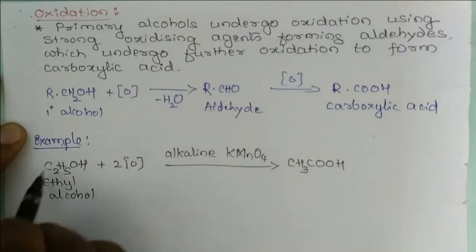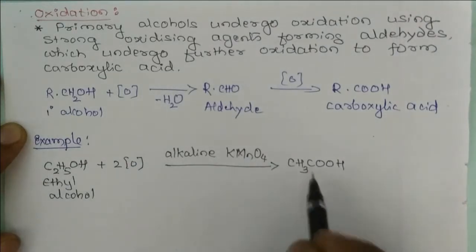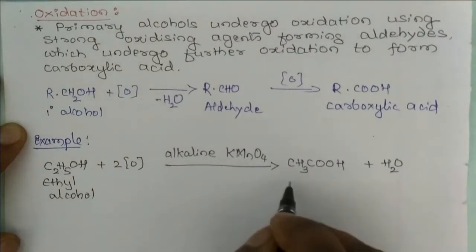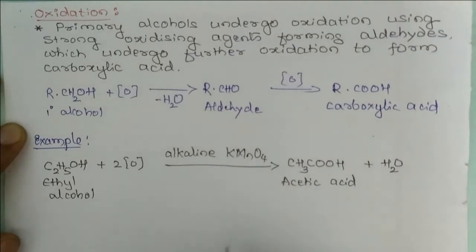Number of carbon atoms present in alcohol is 2. Here also it contains 2 carbon atoms, plus H2O. This is acetic acid or ethanoic acid.